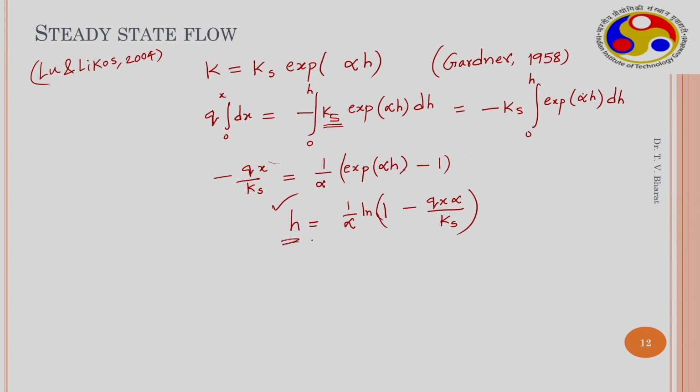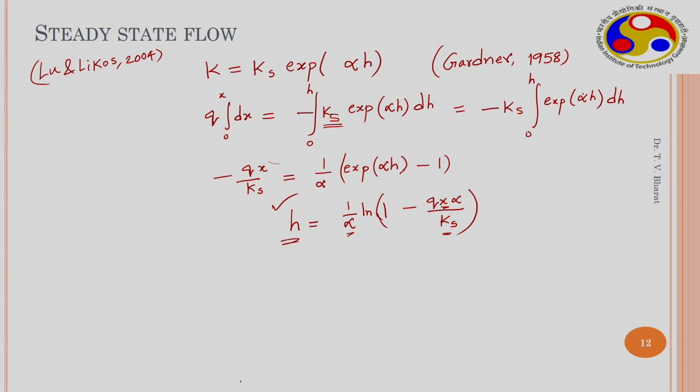So the head variation with x is highly nonlinear again. Here it is varying logarithmically. So here also you can give some boundary values and provide some values for Ks and alpha parameter, then you will get how the head varies with x, and you can observe it quantitatively. Let us take one simple example.